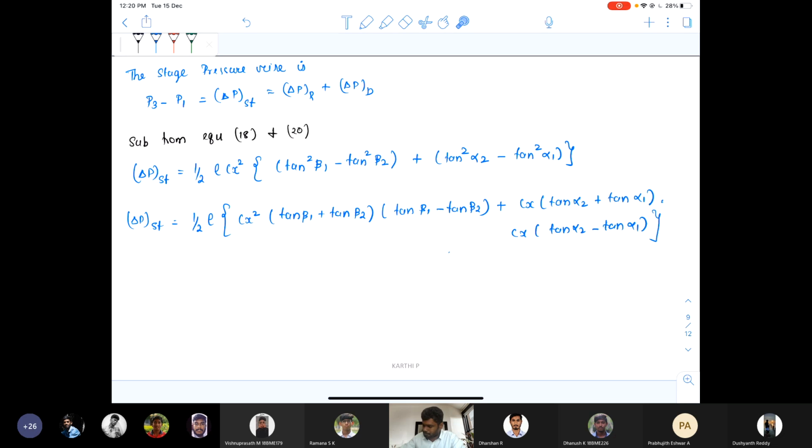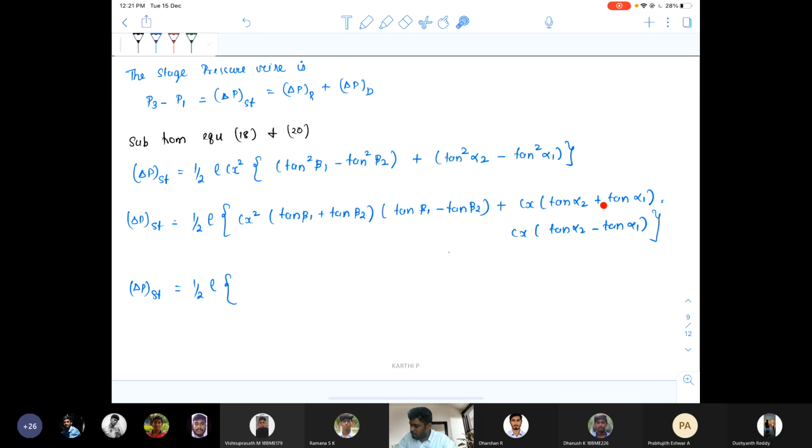Now, this stage pressure rise, that is the pressure rise in the stage, will be equal to 1 by 2 times rho into, in this equation, if you take Cx into tan beta 1 minus tan beta 2 as common, you have tan beta 1 minus tan beta 2.